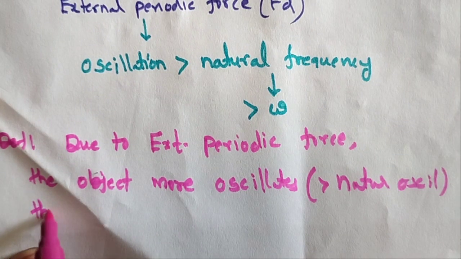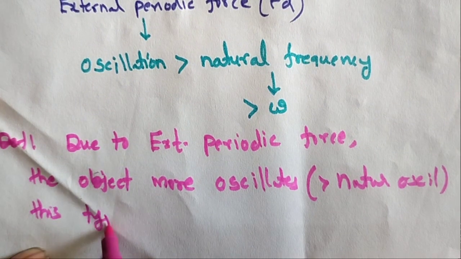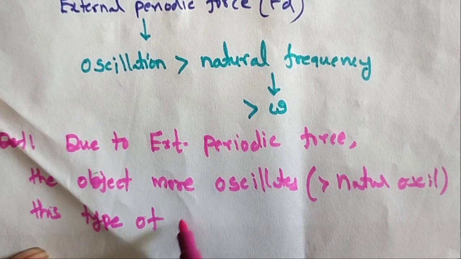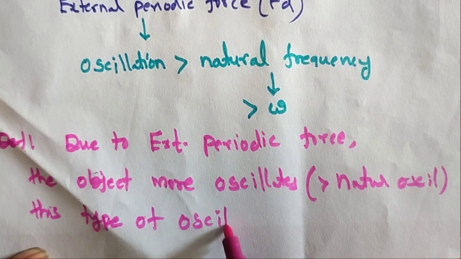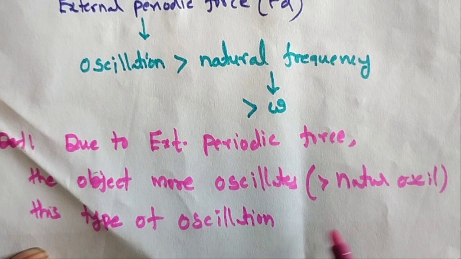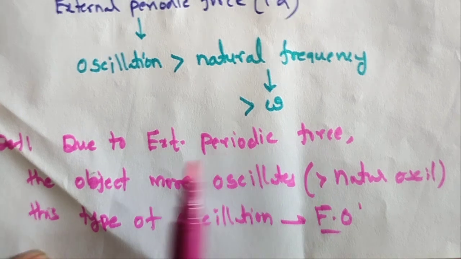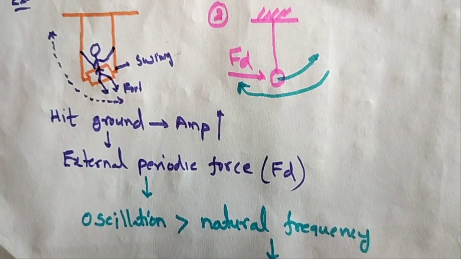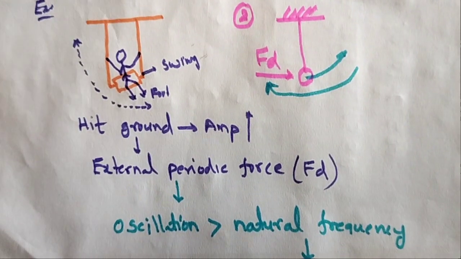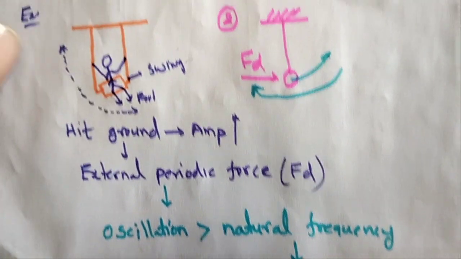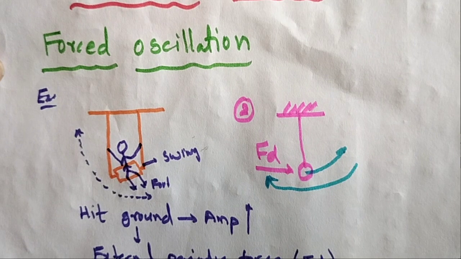This type of oscillation is called forced oscillation. Therefore, when an external periodic force is applied on the object, oscillation starts. That oscillation is called forced oscillation.